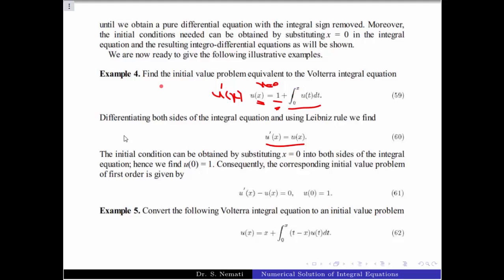And you know that the integral from a to a of a function is always equal to 0. So we obtain u of 0 equals 1. And our initial value problem will be the problem that is given in C1. u prime of x minus u of x equals 0 with initial condition u of 0 equals 1.